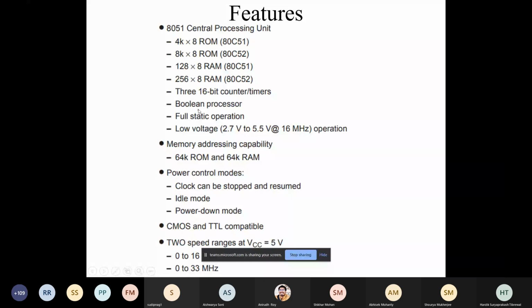Although the processor inside is digital, which is a Boolean kind, there could be some analog features which were originally absent in the 8051 series. And then there is fully static operation. Static operation means once you start the chip or the microcontroller, it will keep on operating consistently, even if you keep on applying power without any interruption.